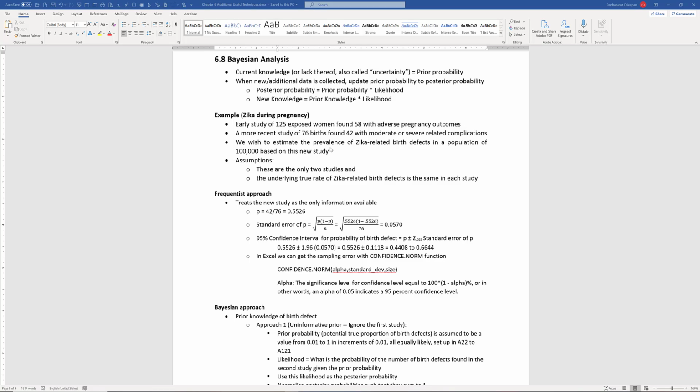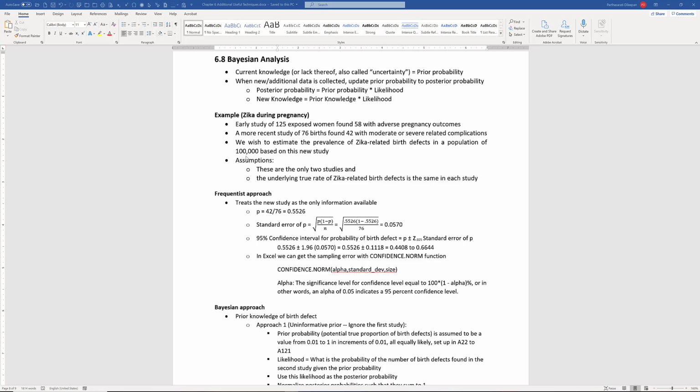The underlying assumption is, of course, that both studies have the same environmental factors. So there were only two studies. If there are more studies, then we would probably take all the other studies into consideration in figuring out the result that we are looking for, that is, to estimate the prevalence of Zika-related birth defects in this 100,000.